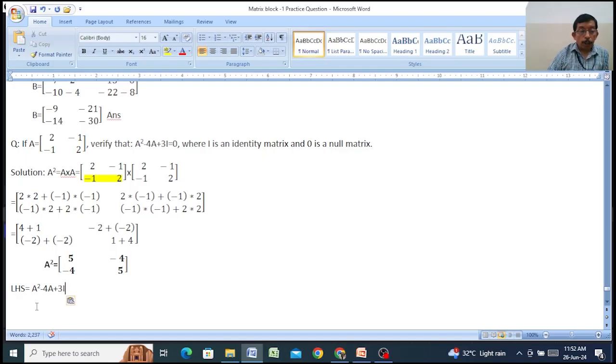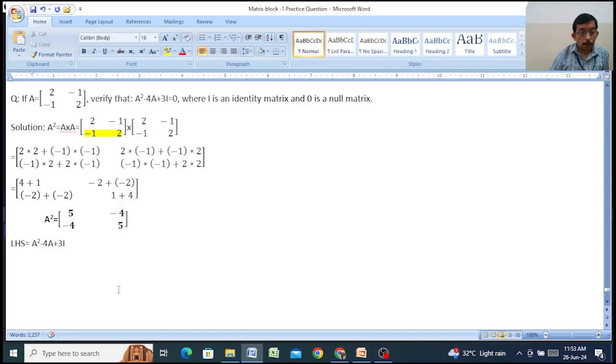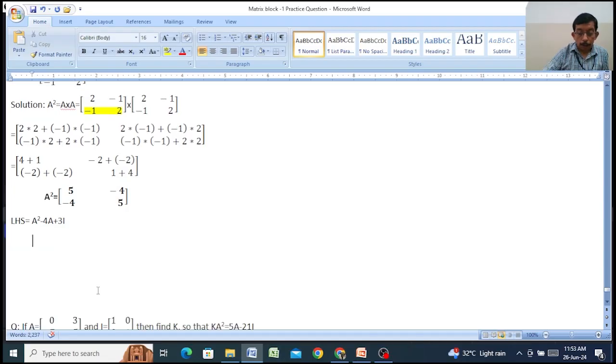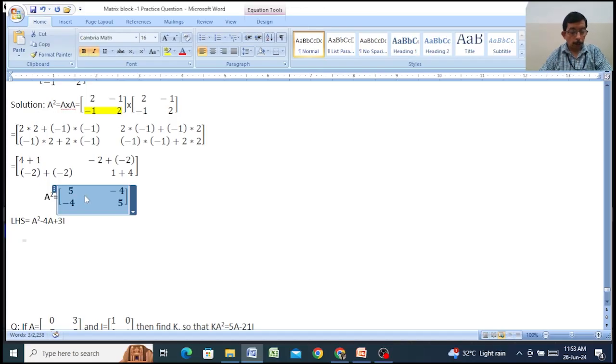Now we put all the values of A square, A and I in here. First, A square, value put and note down here.